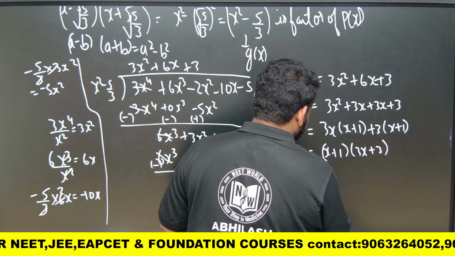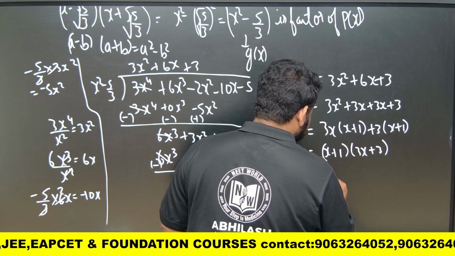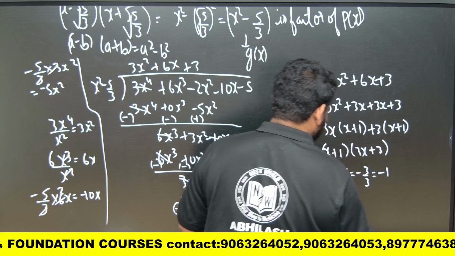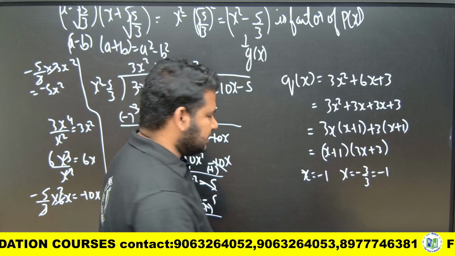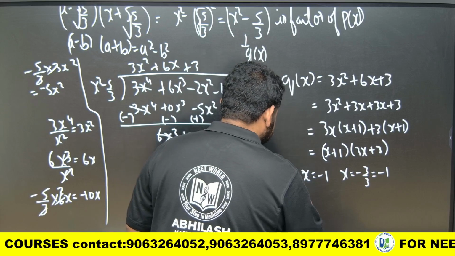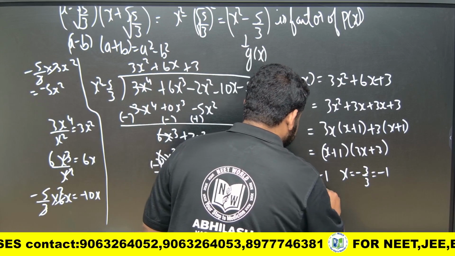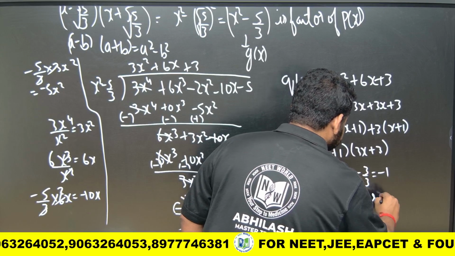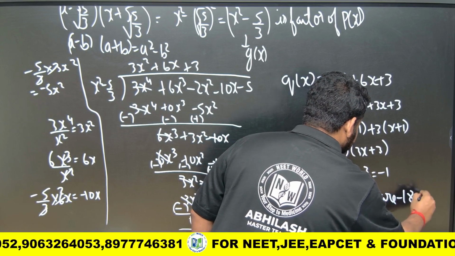If I equate it to 0, x will be equal to minus 1, and x will be equal to minus 3 by 3, that will be equal to minus 1 only. So the other two zeros are minus 1 and minus 1.